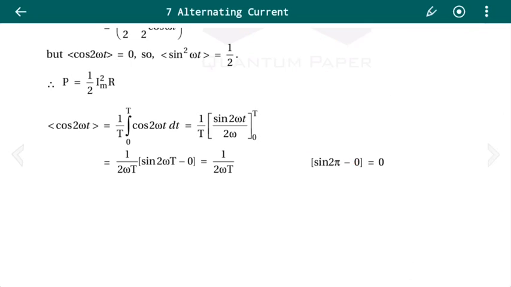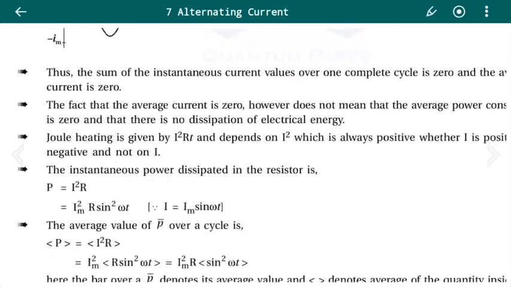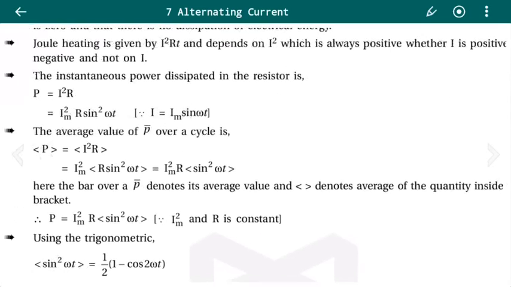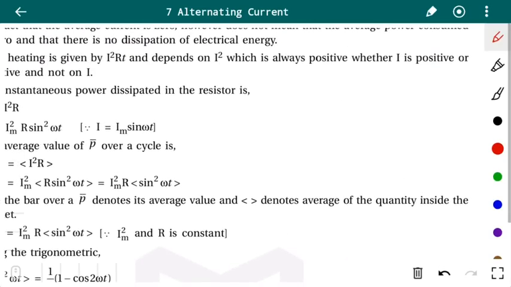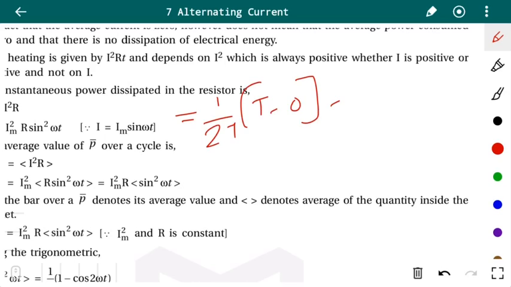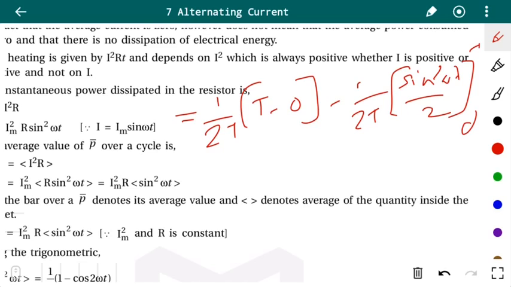Let us write the first step again. We are having 1 by 2T into T minus 0, and then 1 by 2T sin 2 omega t by 2, from 0 to T. Taking this, T gets cancelled, we are having half minus 1 by 2T.